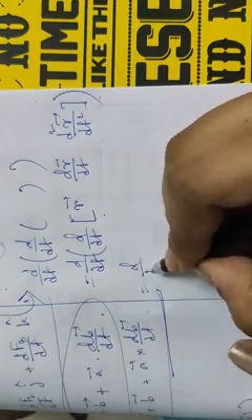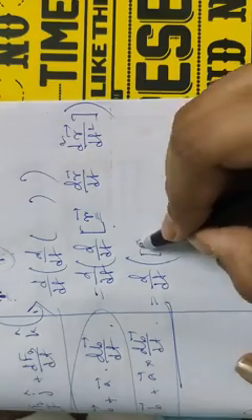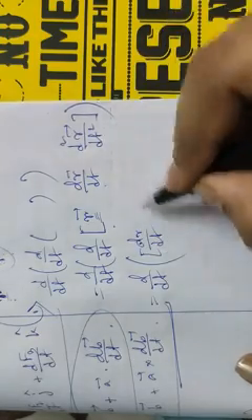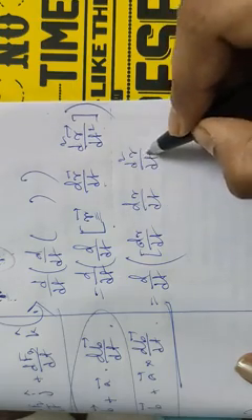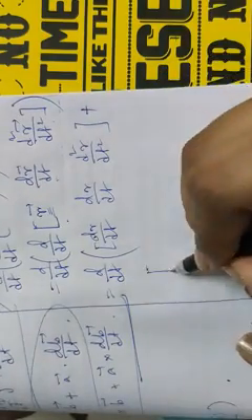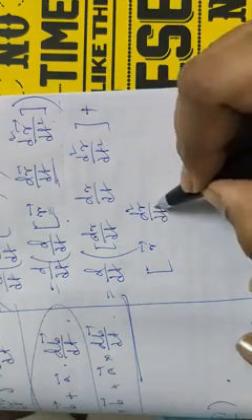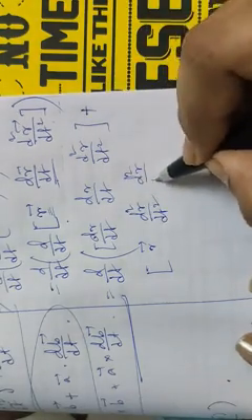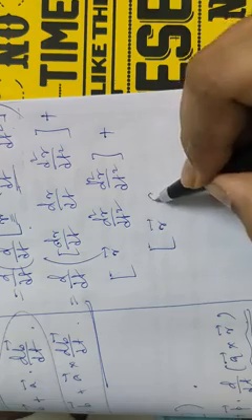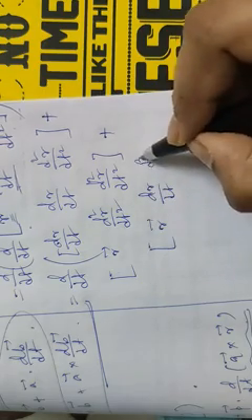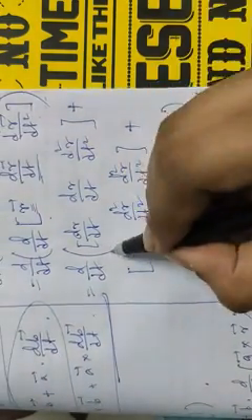So there will be a total of 3 components. At first the derivative of this one, that is the box of dr/dt, keeping the other two the same, plus keeping the first same, the derivative of the second one, keeping the third one same, plus for the third one, that's it.